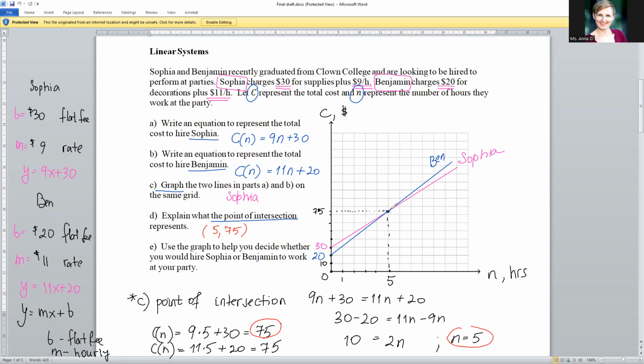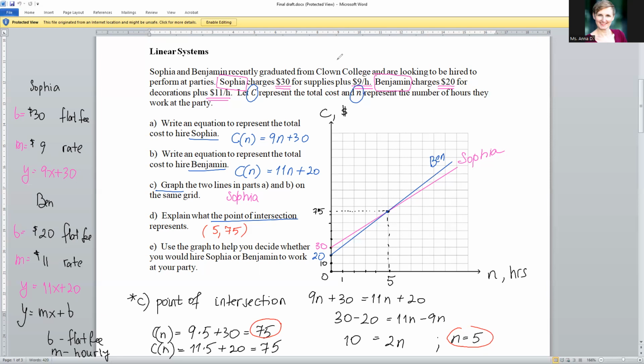After 5 hours, the pink graph is lower than the blue graph, which means that after 5 hours of work, Sophia costs less to employ than Ben. So 5 hours is exactly where their cost is equal. For 5 hours of work, it costs as much to employ Ben as Sophia.